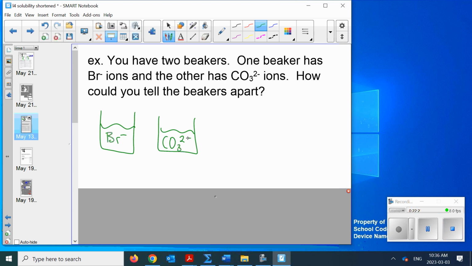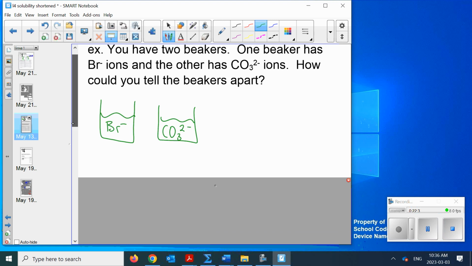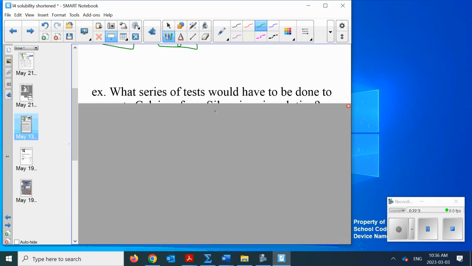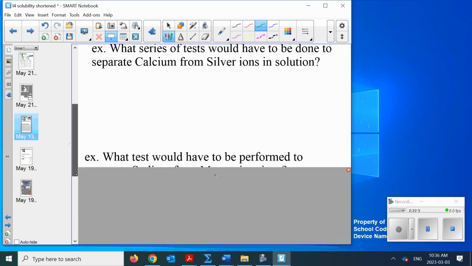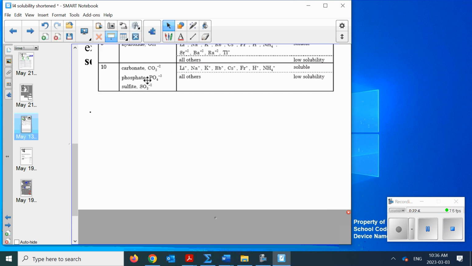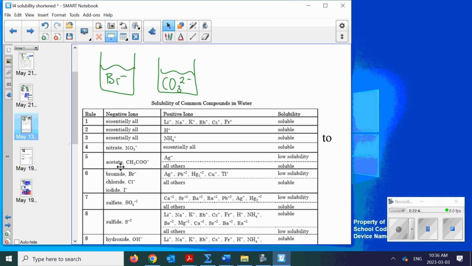You've got to use your chart. We've got to look up Br minus and CO3 2 minus to find something. Hopefully we have it in our lab that we could add.